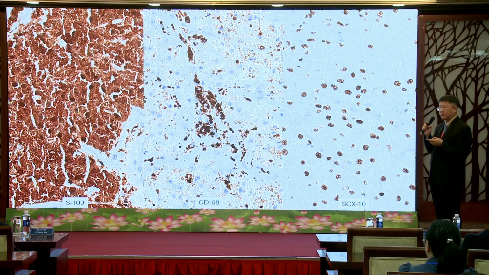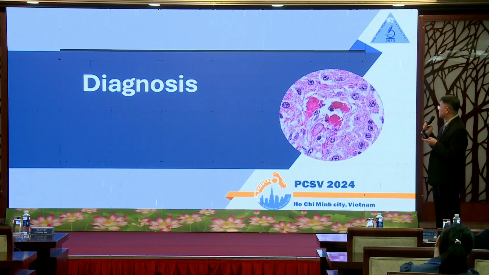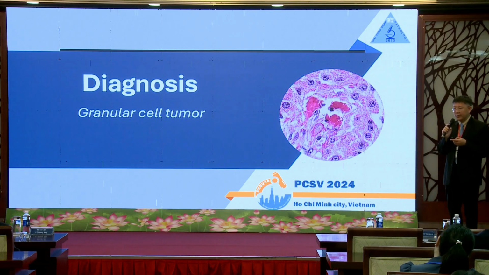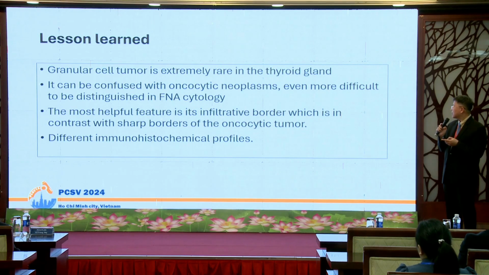They are positive for S100, CD68, and SOX10. So the diagnosis is granular cell tumor. Granular cell tumor is common in other sites, but in the thyroid gland this is a very rare tumor. I have seen 2 cases in my experience.